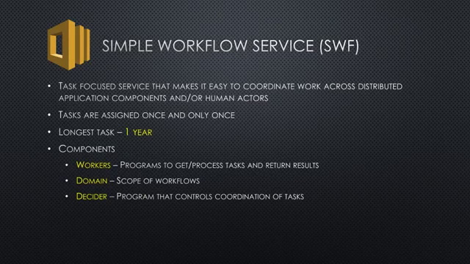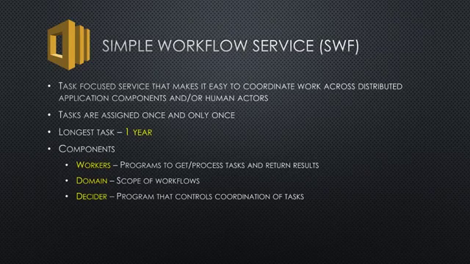Now the worker, which in this case would be like an Amazon employee or a fulfillment employee, would go into the warehouse, grab the item. Once they have it, they would notify the SWF workflow that they have that item, which now processes the task down the line. And it may then go into shipping, and they may package it and ship it, and then that task would be complete and then shipped.